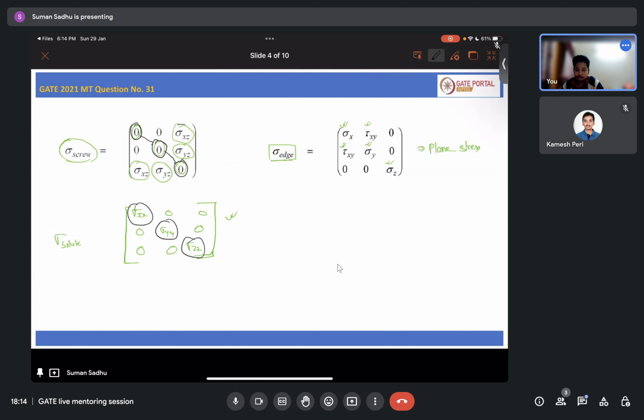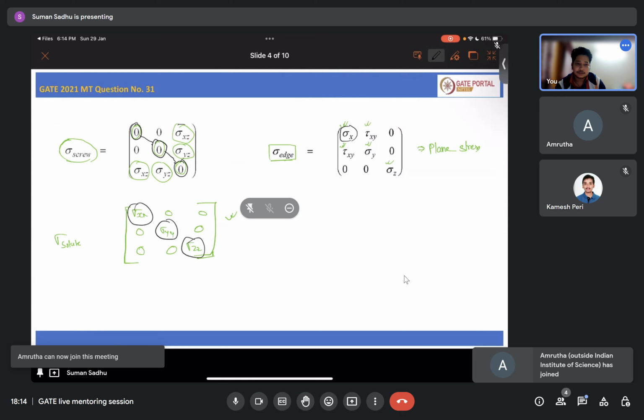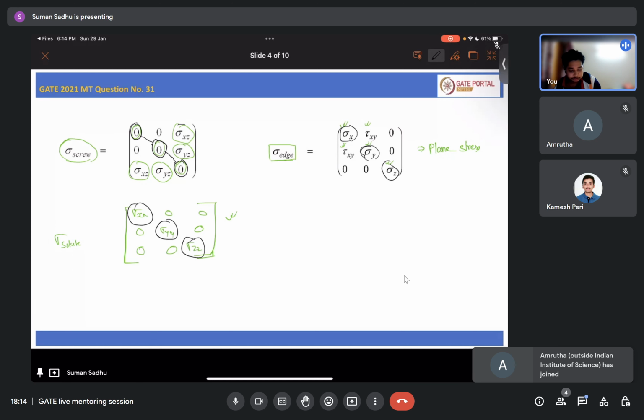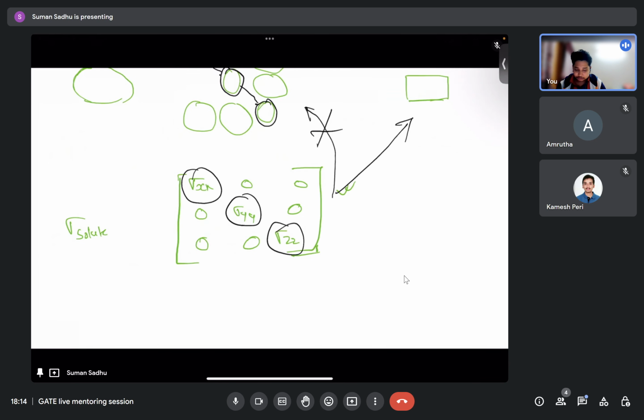So the solute atom never interacts with a screw dislocation. But the edge dislocation has hydrostatic components of its stress field. So in this case, your solute atom can interact with the edge dislocation, but it cannot interact with the screw dislocation.